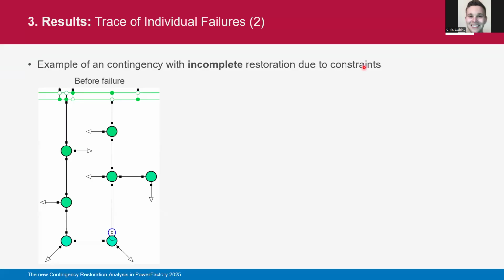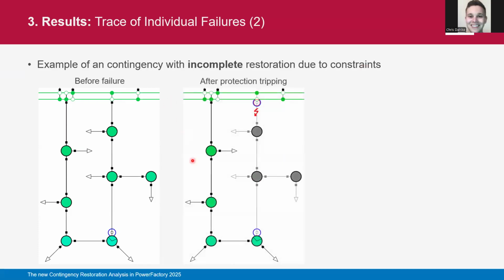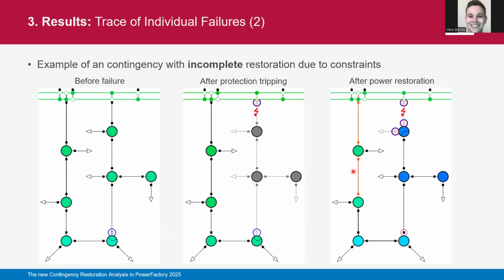This will not always be the case, so it may also be that there are some contingencies that can lead to incomplete restorations. When I say I want to really comply with all my constraints and limits, then this may lead to an incomplete restoration. For example, when this line here instead is faulted, we have a disconnection at the same point in the beginning because we only have a circuit breaker in the station typically, but the resupply now is not able to resupply everything.